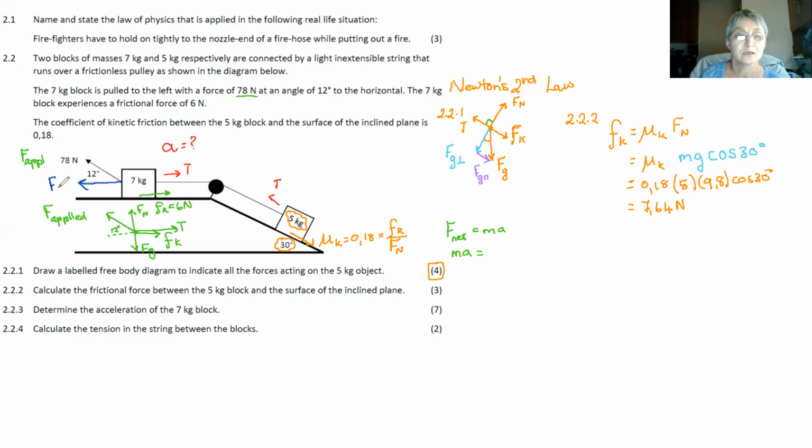So that is the x component of the applied force, and I'm choosing to the left as my positive direction. So this is Fx minus the tension in the string minus the frictional force.